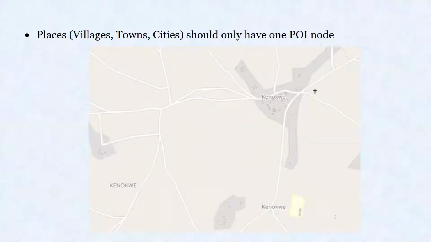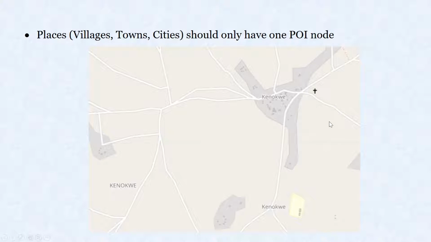The first thing is a place, which is a village or a town or a city, should only have one point of interest node. The reason for this is when software like Maps.me or the iD editor or just OpenStreetMap searches for a place, if there are three places, for example, this village has three different tags for the village.